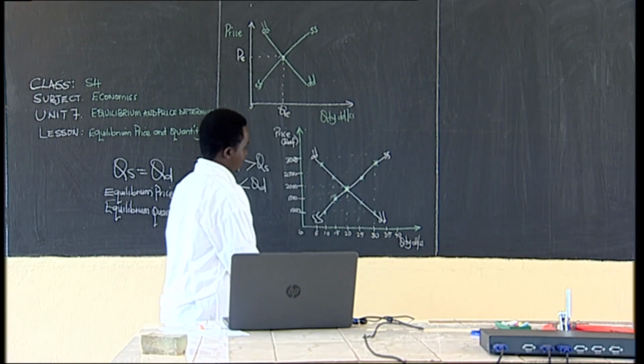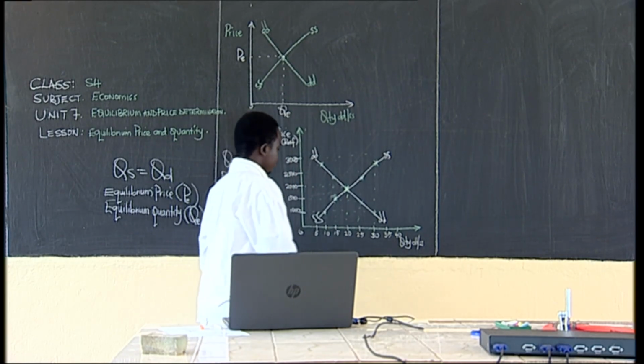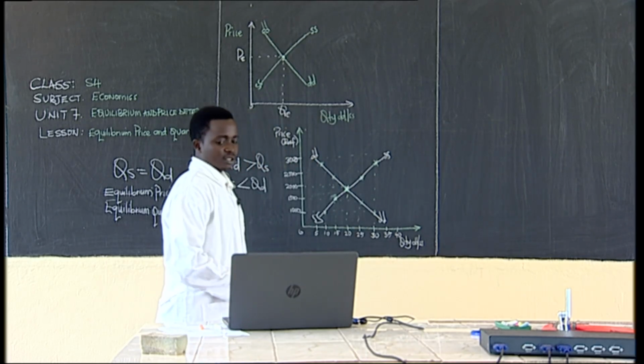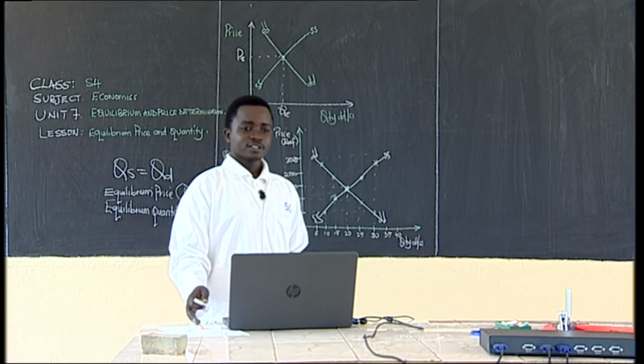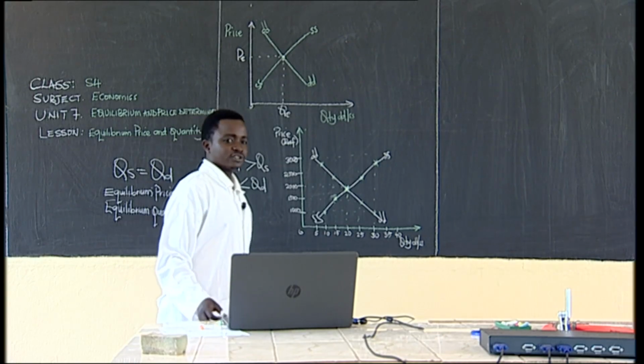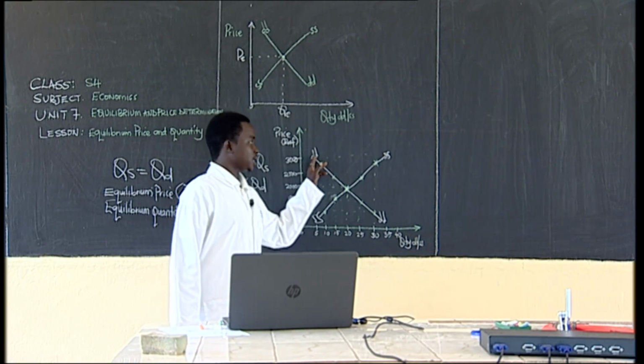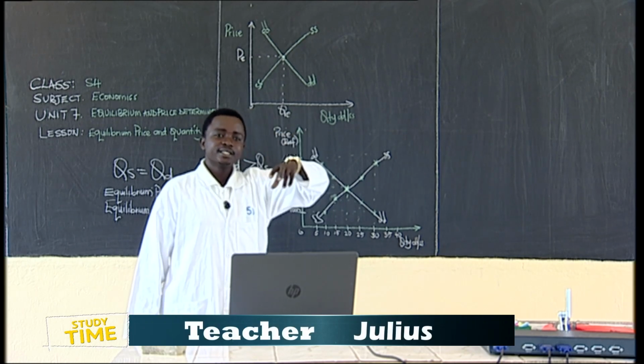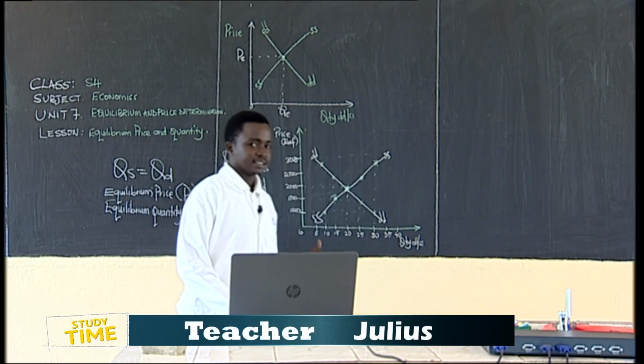how can we now determine equilibrium quantity and equilibrium price. So you have to check the intersection of the two curves, the demand curve and the supply curve. You have to check where the two are meeting, where the two are intersecting.